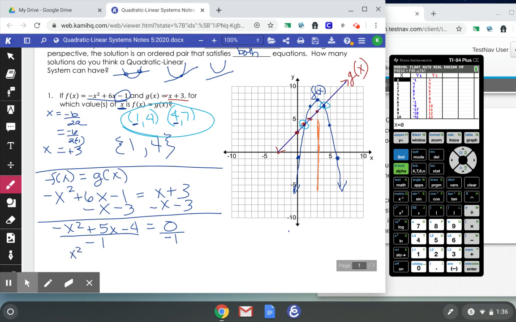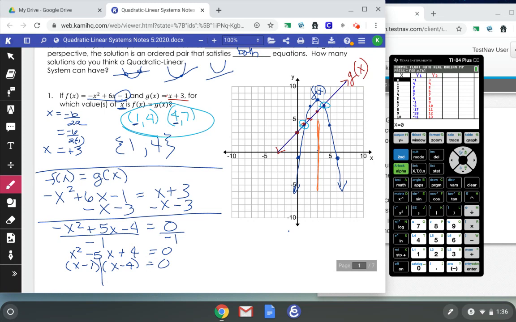So now I have x squared minus 5x plus 4 equals 0. Now, when I look at this, I think the easiest thing to do is to factor it. And I see that I could factor this to (x minus 1)(x minus 4).